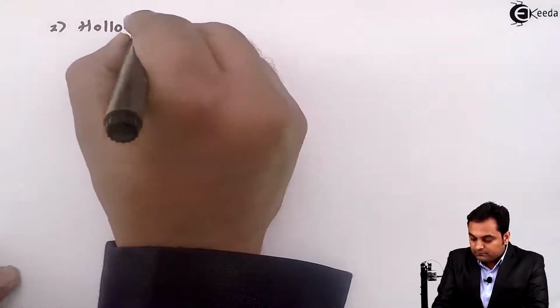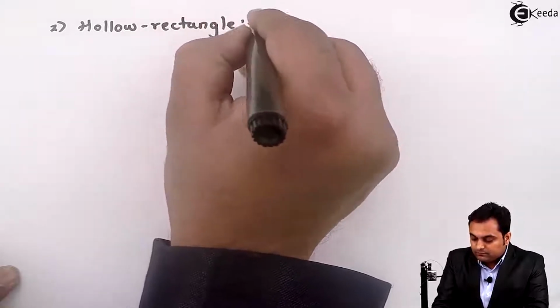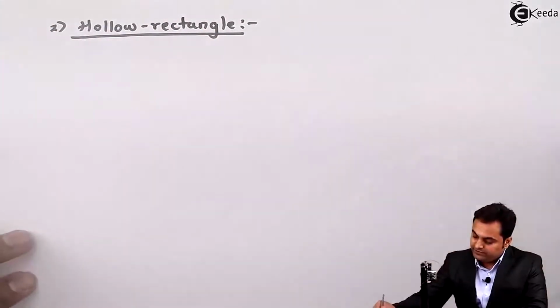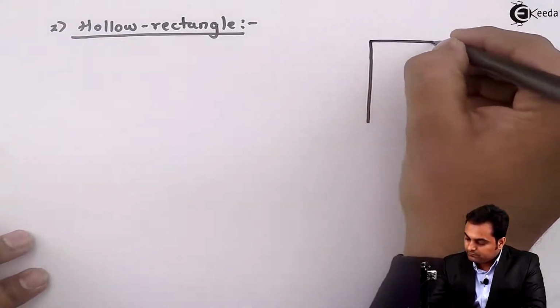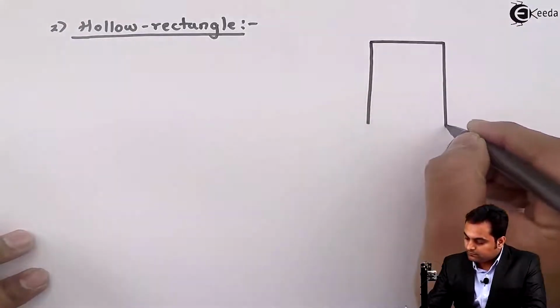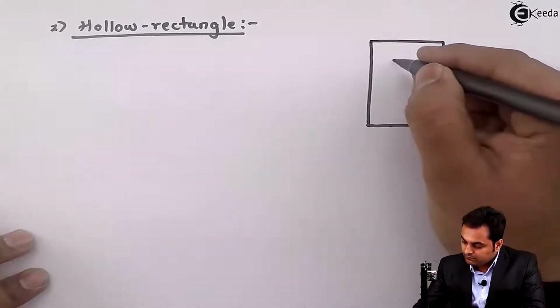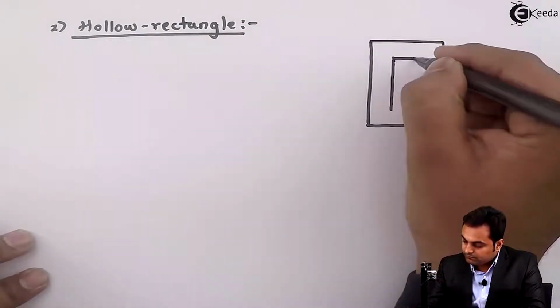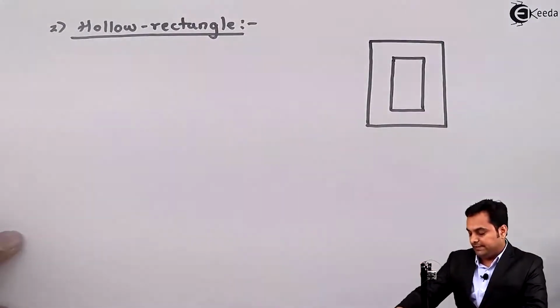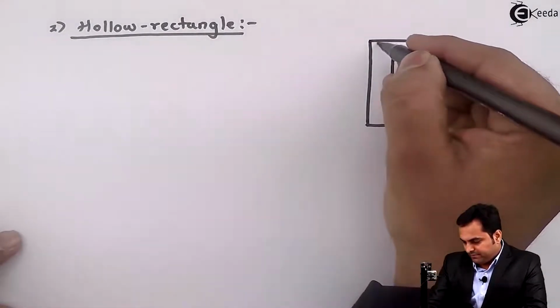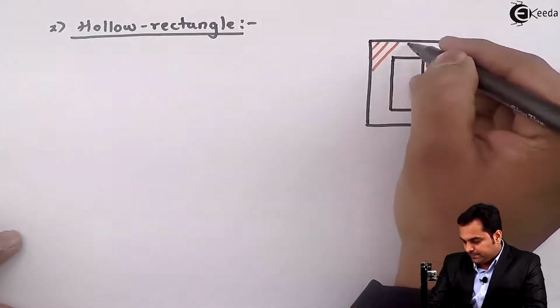Next, if the rectangle is hollow, for a hollow rectangle, now this is a hollow rectangle having material here.